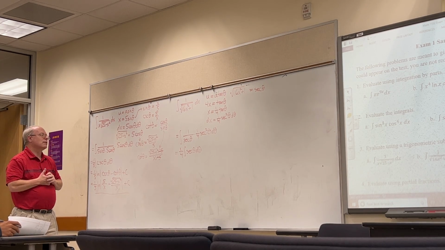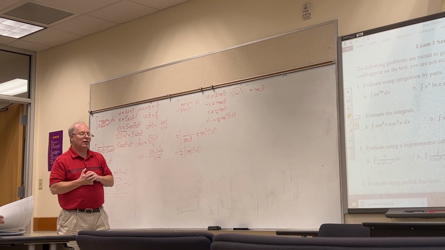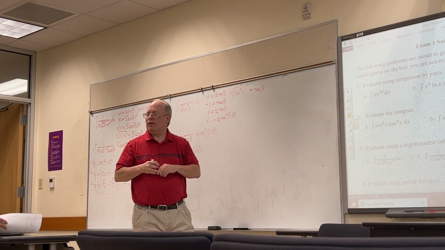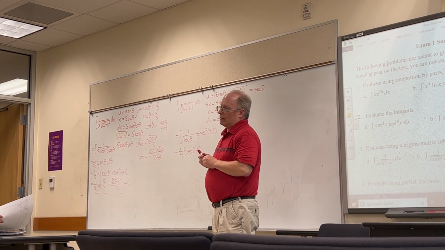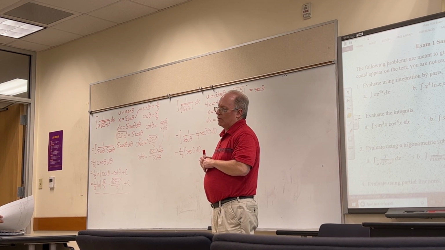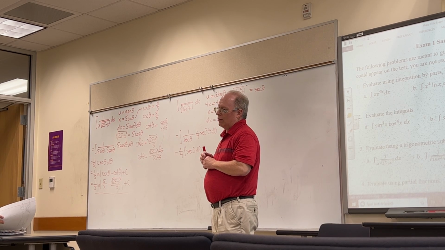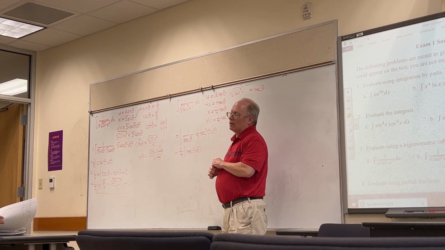I remember when we first started all this, how you said u is only equal to something and a is only equal to something? In the formula, it says u is equal to a times tangent of theta, which is what we did here. So in the formula, it's a squared plus u squared.